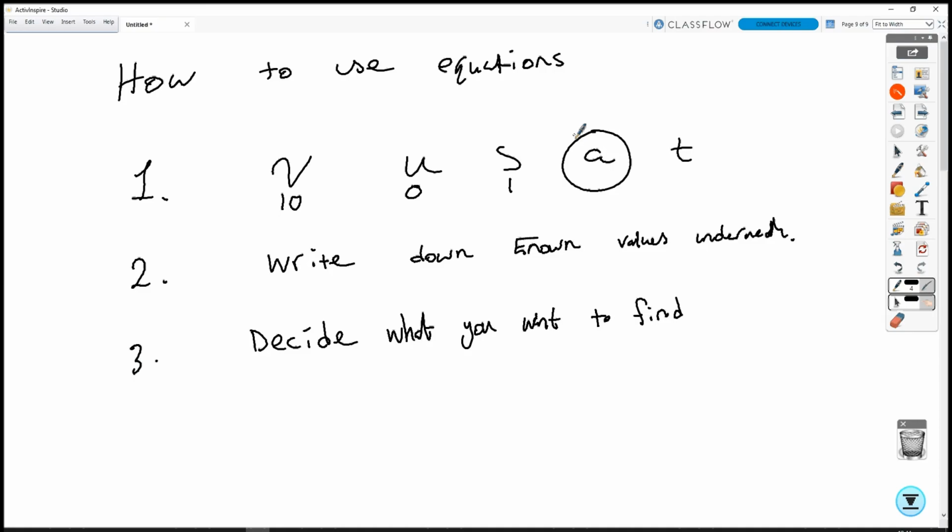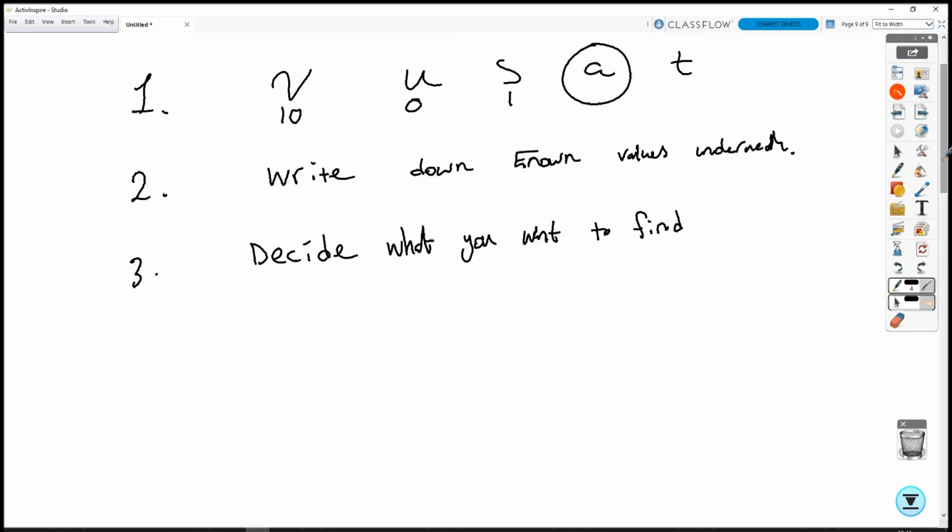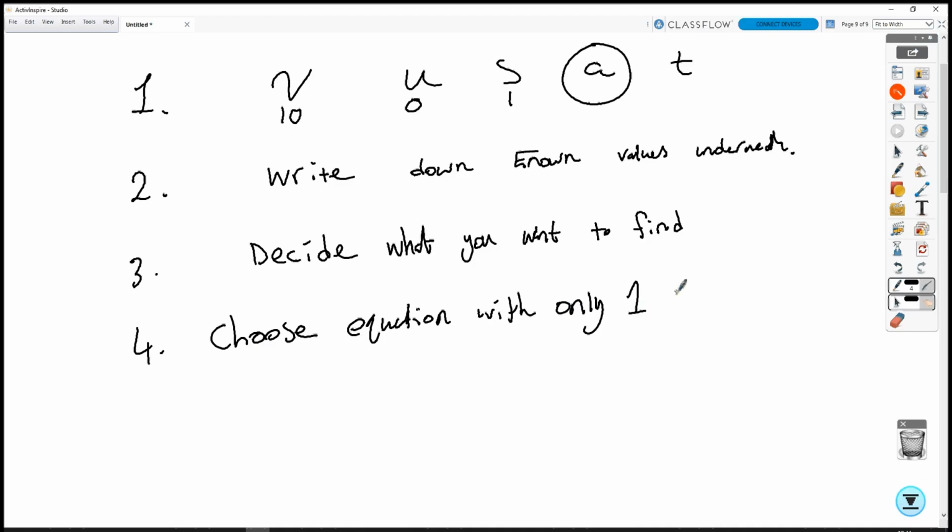So in deciding, we're going to find acceleration. But we don't know acceleration. So finally, we're going to choose an equation where only one thing is unknown, and that one thing is the one we want to find. So choose equation with only one unknown. So in this situation, we have 2 unknowns, which is acceleration and time.